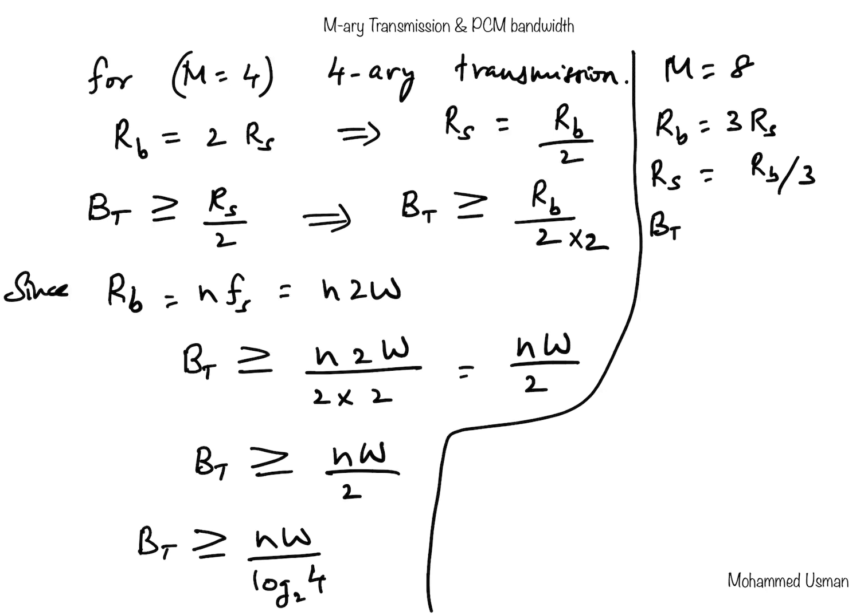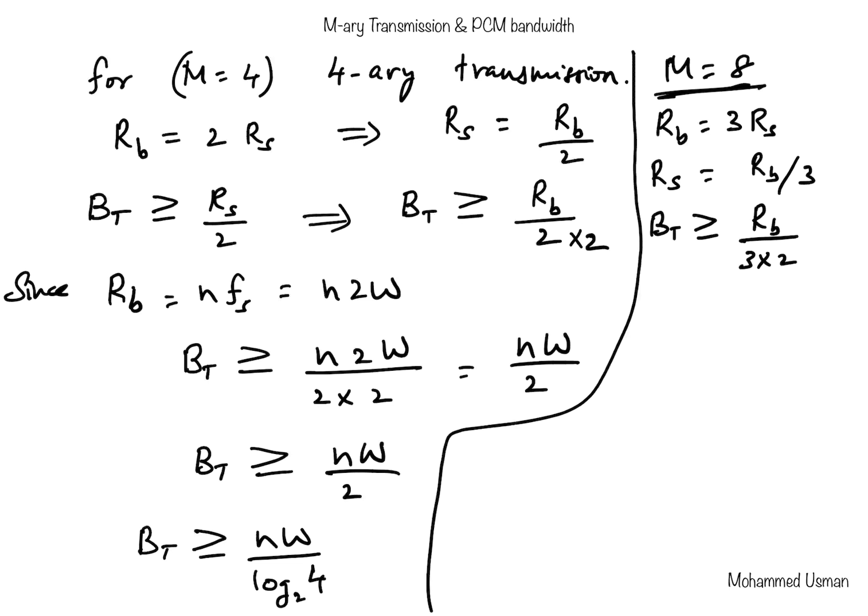And in this case, our transmission bandwidth BT should be at least Rs by 2, which is Rb by 3 into 2. Because for M equal to 8, Rs is Rb by 3, we can replace the Rs with Rb by 3, and then we have this factor of 2 in the denominator, so that's there as it is.